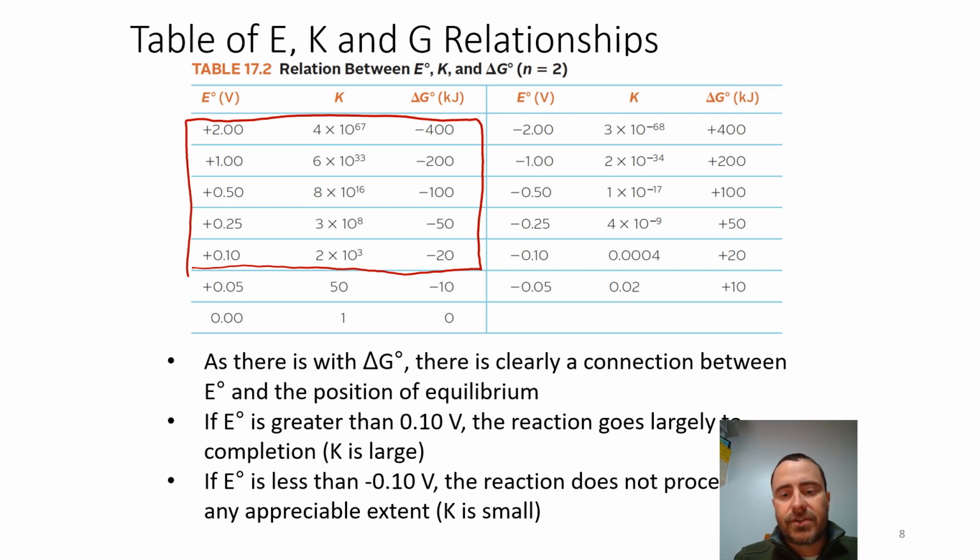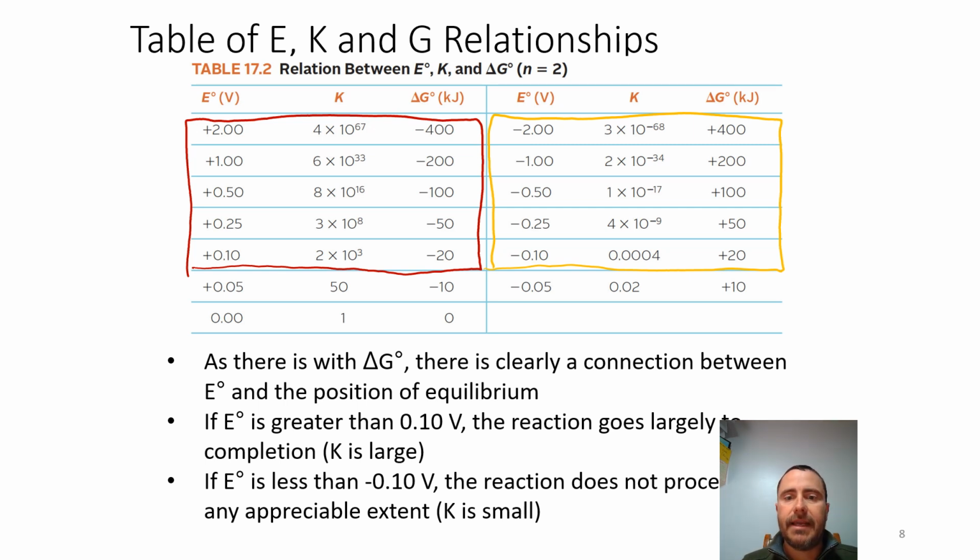The opposite is true if we have a standard voltage that is less than negative 0.10. Remember, negative standard voltages are non-spontaneous, and so it's not going to really want to make very many products.